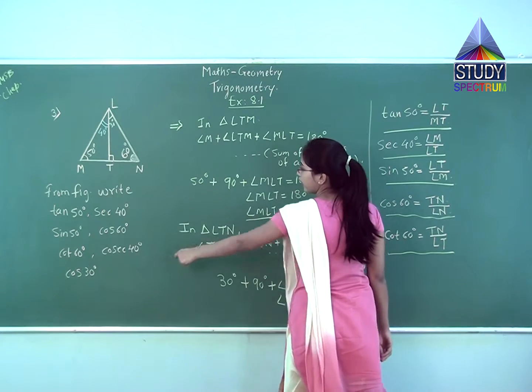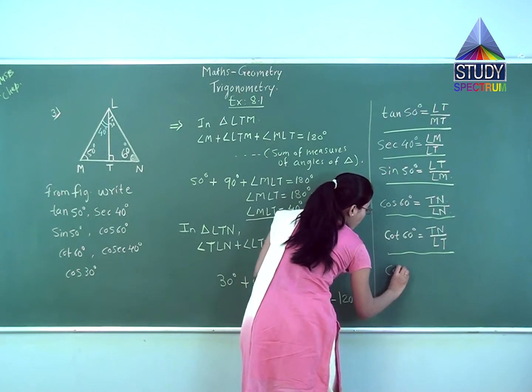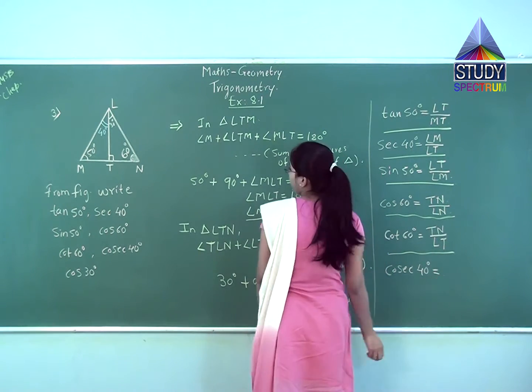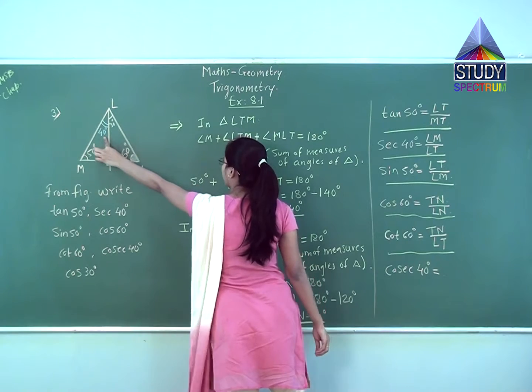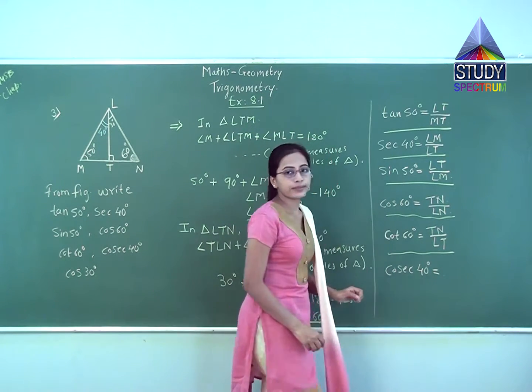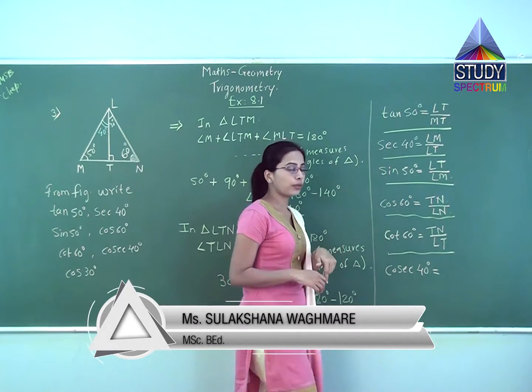Then after cot we have to find cosec 40. In the first triangle, here we have 40 degrees. So what is the formula for cosec? It is the opposite of sine, hypotenuse upon opposite side.